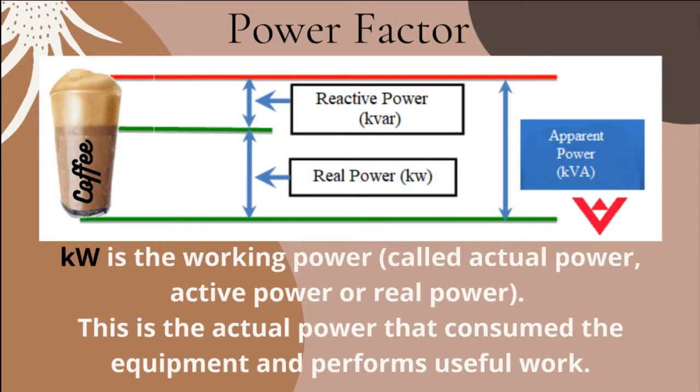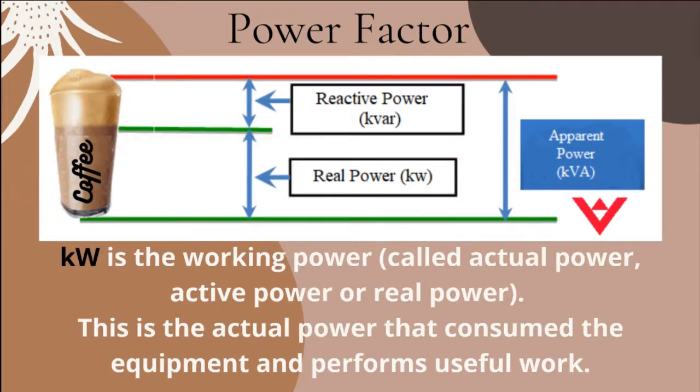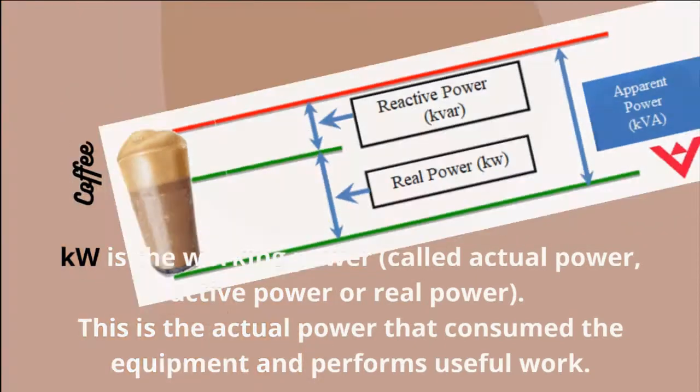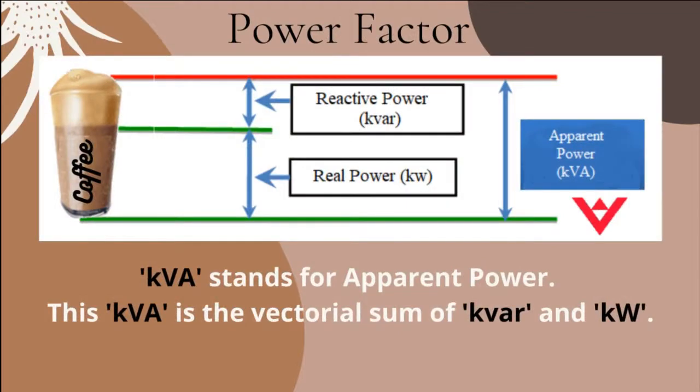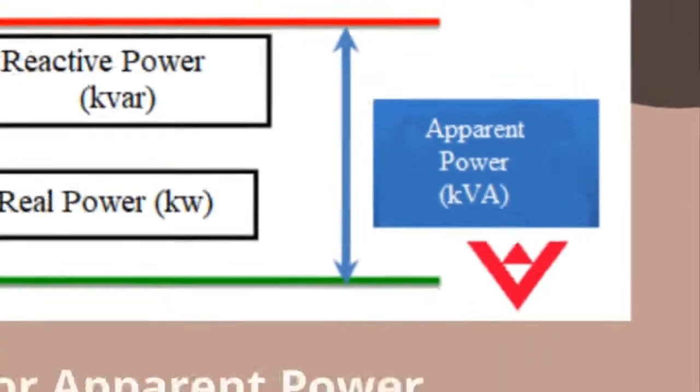The following is given in the image provided here. kW is the working power. This is the actual power that is consumed by the equipment and performs useful work. kVA stands for apparent power.